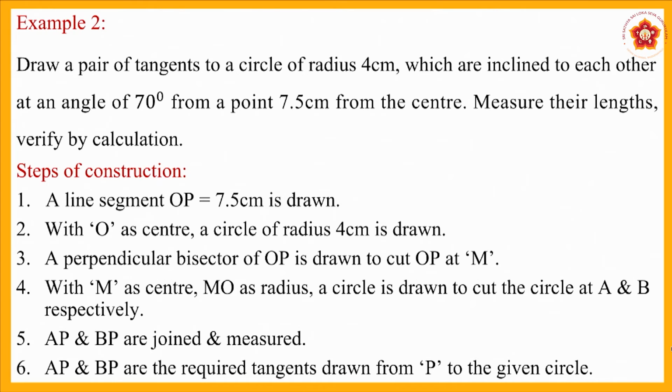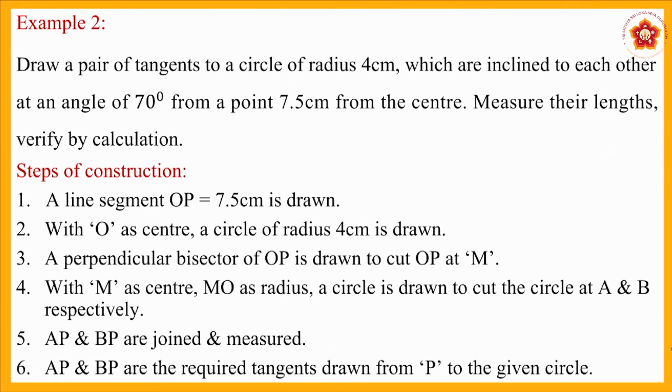Next problem, draw a pair of tangents to a circle of radius 5 centimeters which are inclined to each other at an angle of 70 degrees. So, here there is a trick in this question. You should know the tangents are at 70 degrees. So, let us go step by step.